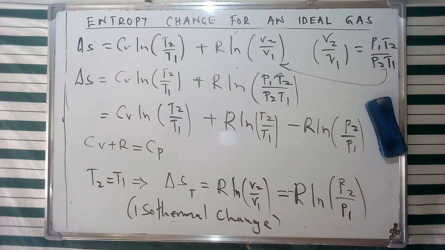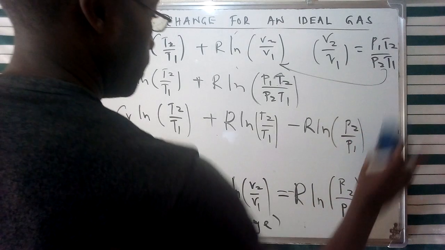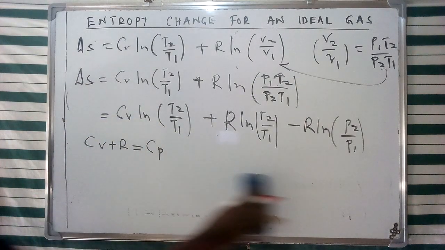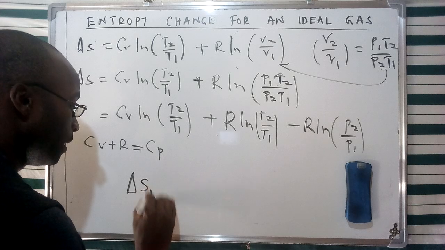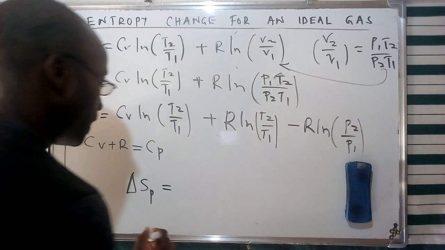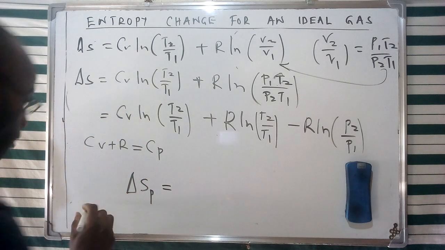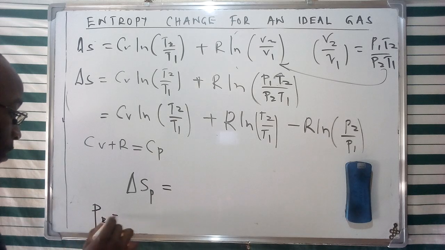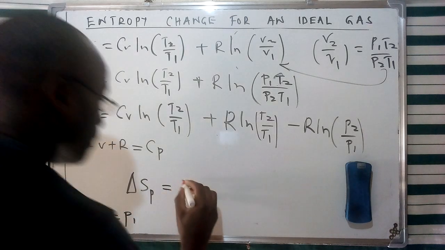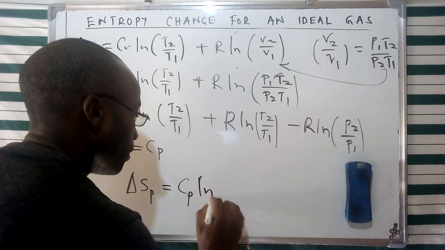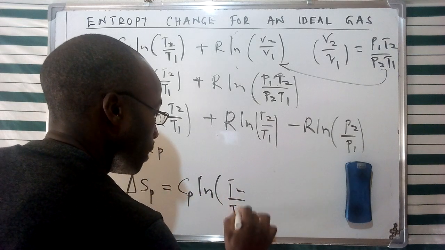Next we're going to see that we can also describe this using a constant pressure, whereby if P1 is equivalent to P2, we're going to have the change in entropy at a constant pressure. This is a condition where P2 is equivalent to P1, and therefore this is going to be represented in terms of Cp, the natural log of T2 over T1.